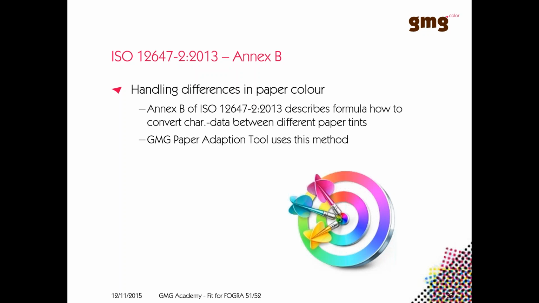So if I, for example, have a FOGRA51, but the paper I'm printing on is not really looking like a FOGRA51, but maybe much bluer or more yellow, whatever, you can take the FOGRA51 characterization data set and use a formula like, as an example, the one from NXP, or better, use the GMG paper adaptation tools formula to modify or to preview how a printed result will look like if printed on this different paper shade.